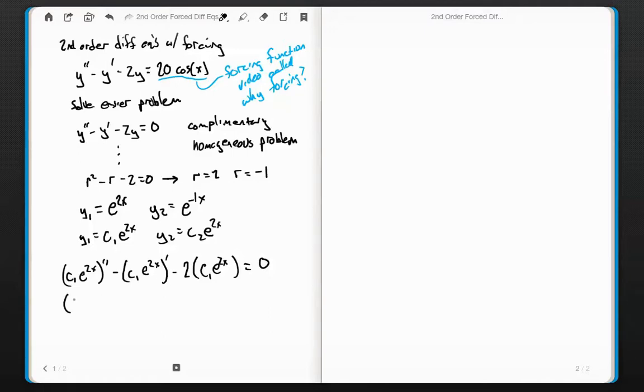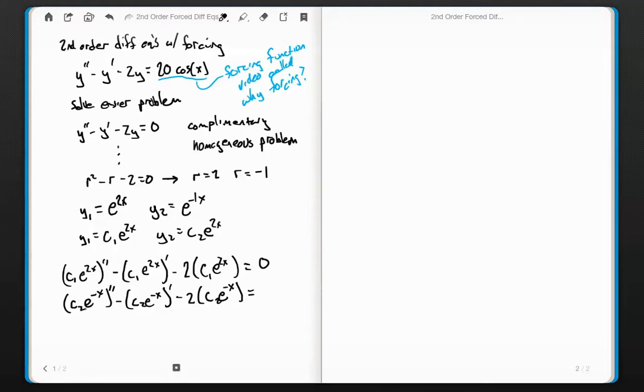Likewise, if I take C2 e to the negative x, double prime, minus C2 e to the negative x, single prime, minus 2 times C2 e to the negative x, just no derivatives, just the function itself.